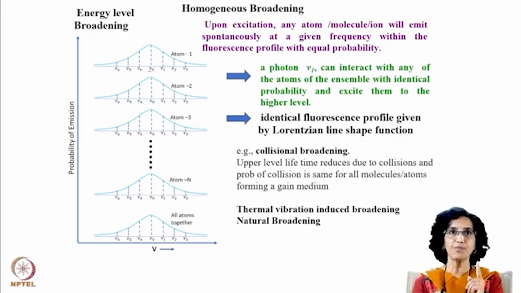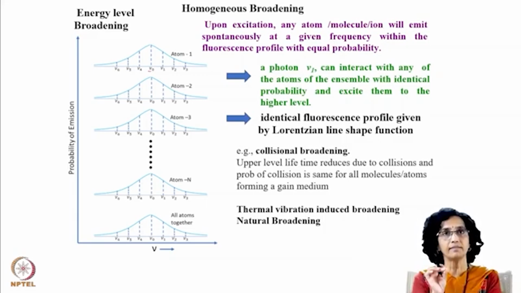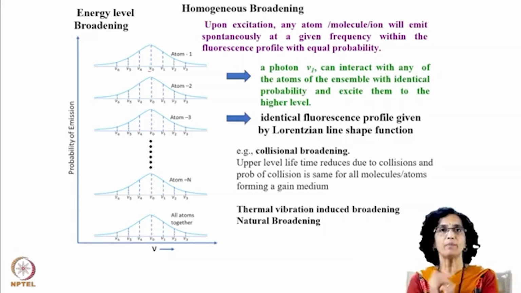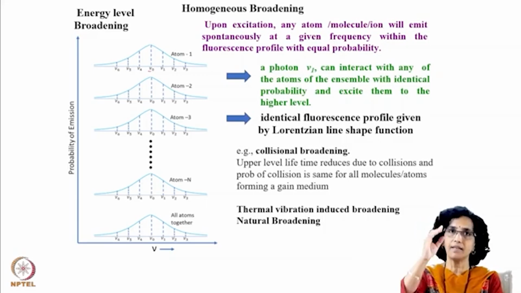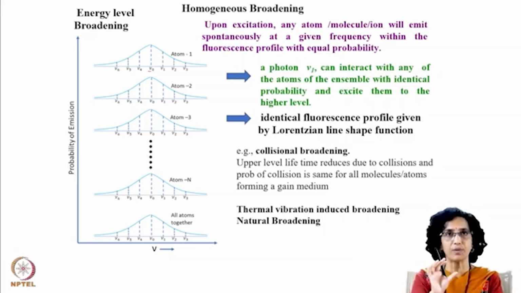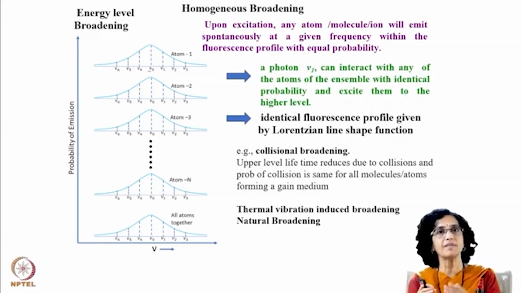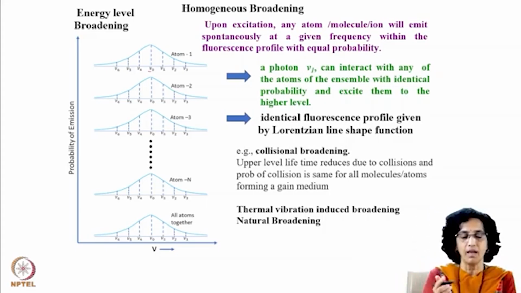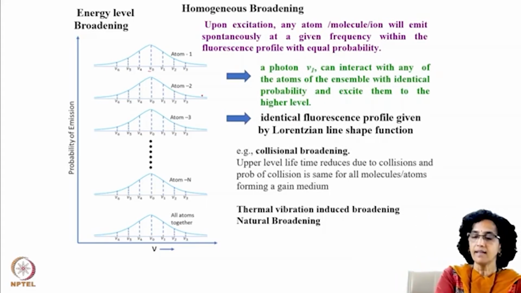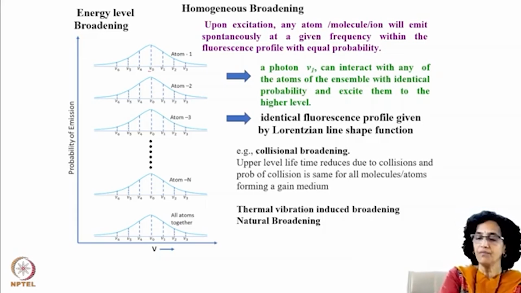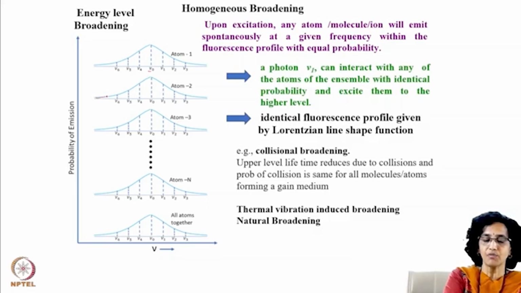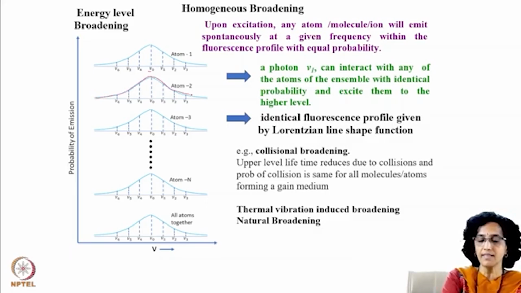Now this is for one atom. I take another atom, mark it, and repeat the same experiment. I excite it and try to see the de-excitation. What is the frequency? I repeat this experiment n number of times, n tending to a very large number, and I see again that the molecule emits with a given frequency within this fluorescence profile. I see that it is identical to the previous one.